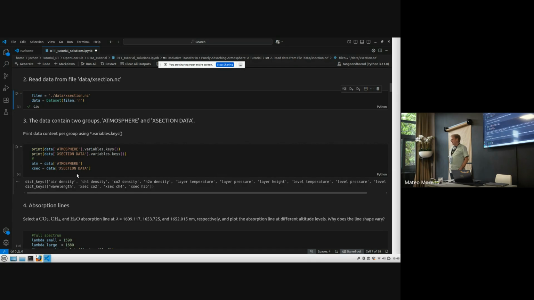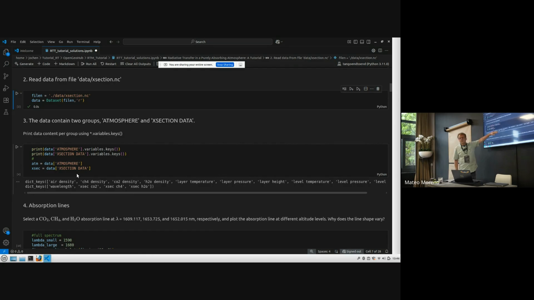If you read in the data, please inspect what is in it. What I do here is use the print statement. We have two groups, atmosphere and cross-section. In the atmosphere group, you find the vertical concentration of CO2 and methane. As we see here, that is an array of the air density in the different layers that I just explained.